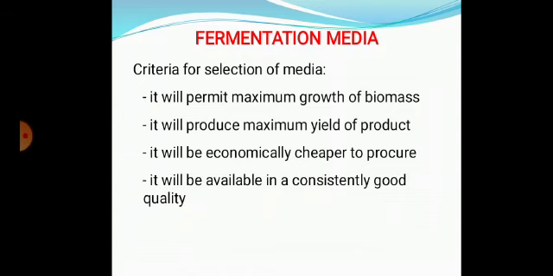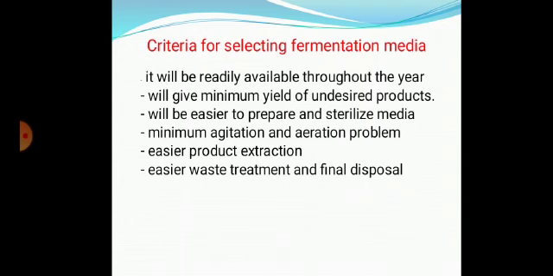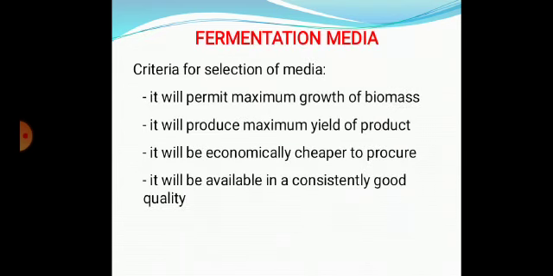Next topic for us to discuss is fermentation media. We are going to start this topic in the next class. As you see, a few criteria are mentioned in the slides. These are general criteria used to tell whether the media is good for fermentation or not. Fermentation media is not the media we use in our lab.